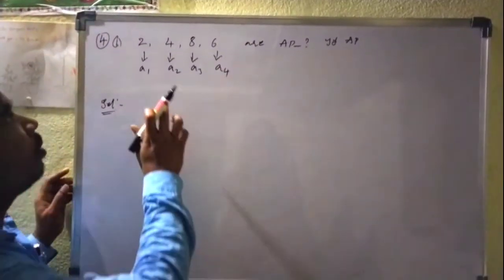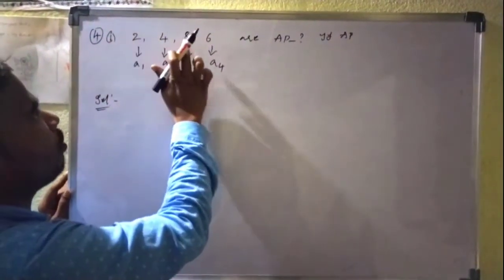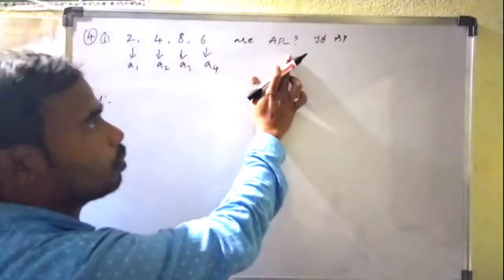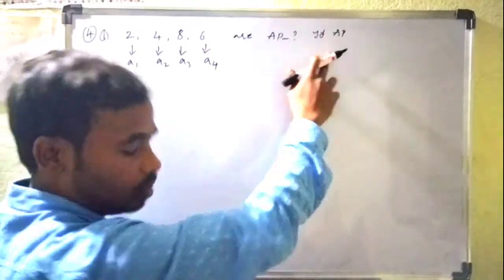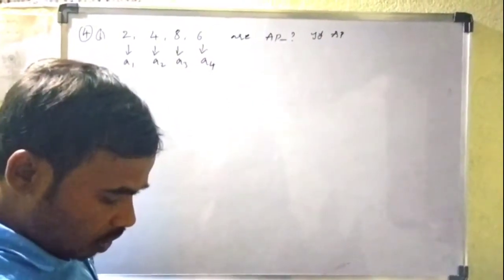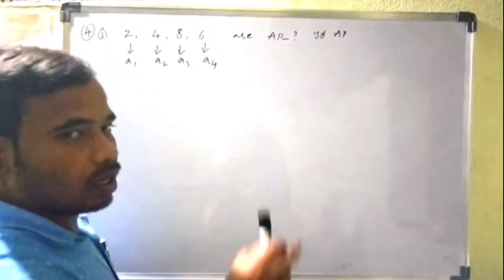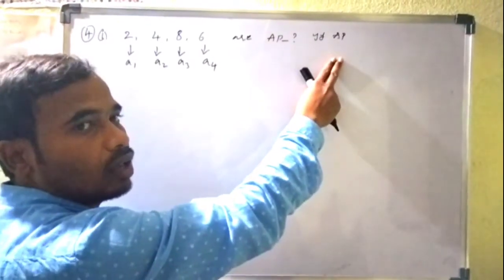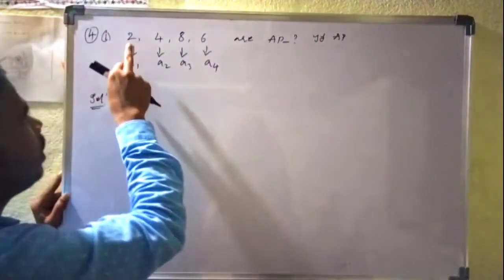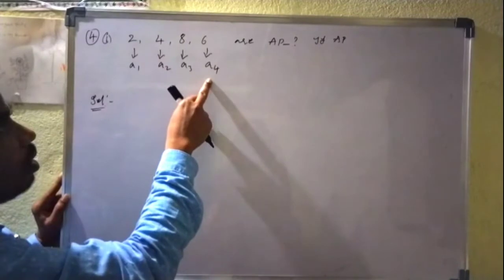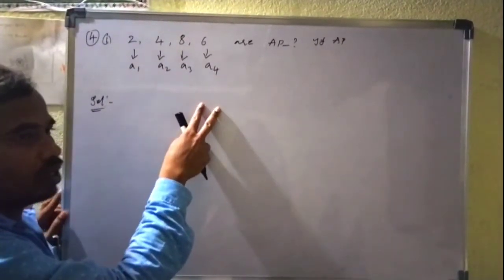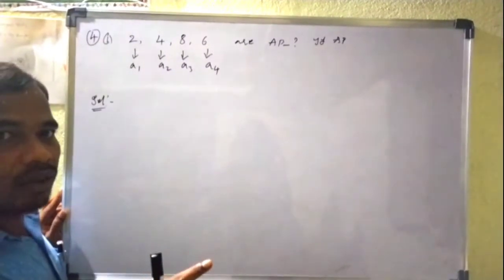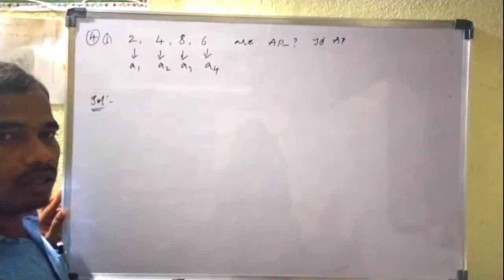Now the fourth bit, first question: 2, 4, 8, 6 are in arithmetic progression. If it is an arithmetic progression, find the next common difference and write the next 3 terms. So first we are checking whether this series is an arithmetic progression or not. To check, if the common difference is equal, then it is an arithmetic progression, otherwise not.